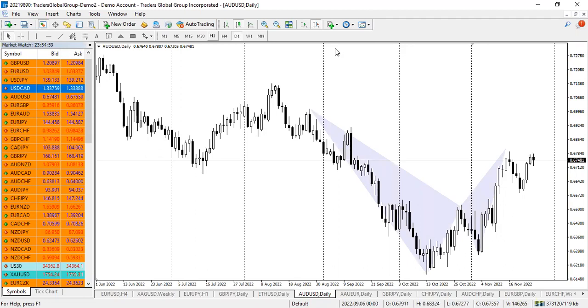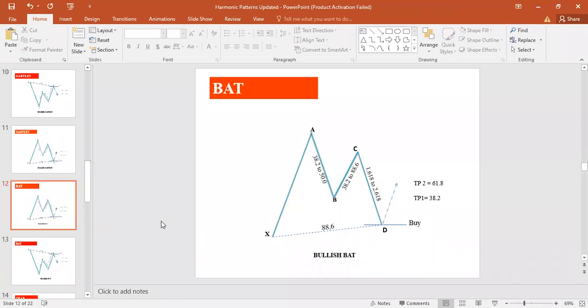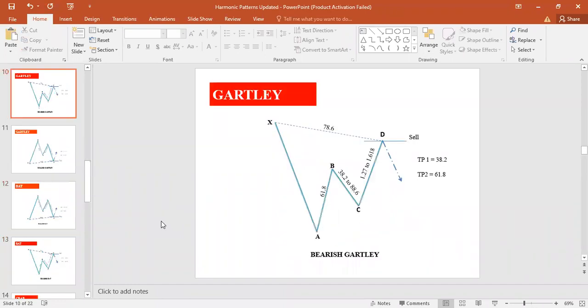Let's look at the Gartley pattern again, one more time. This is a sell. So let's look at a sell Gartley one more time. This is a bearish Gartley. So a Gartley is a W pattern with the second leg, that's the C, slightly higher than the A leg, right?